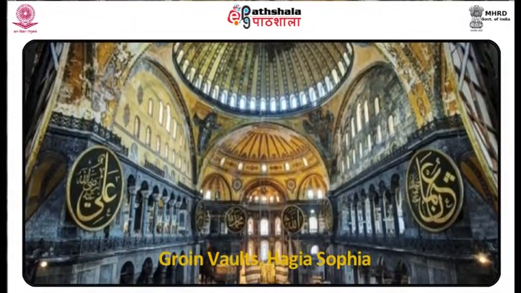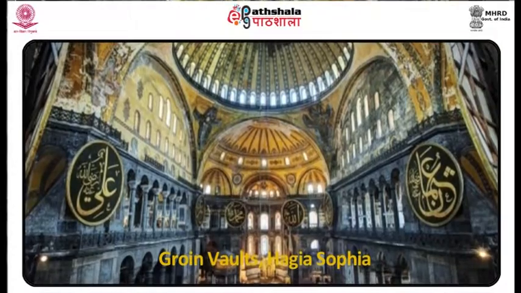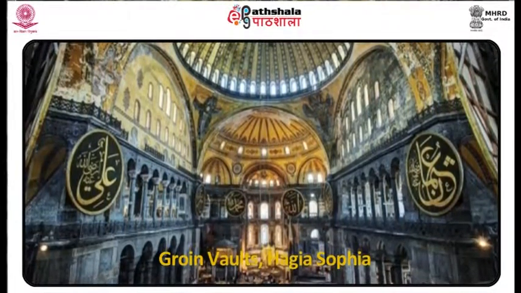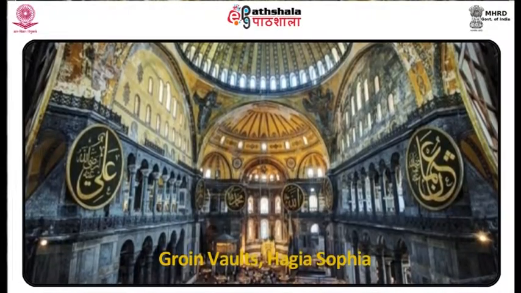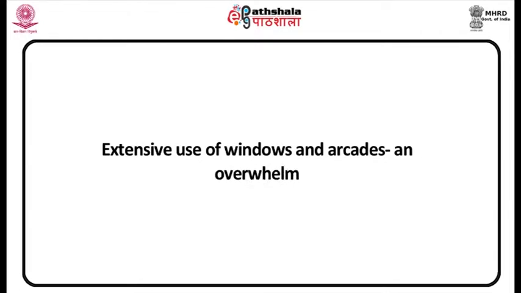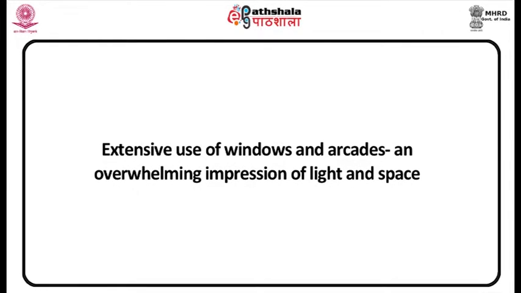Note the impressive effect created by the open space of the nave, the high central dome, and the smaller half domes. On the north and south sides of the nave, there are walls below the arches. The extensive use of windows and arcades in Hagia Sophia creates an overwhelming impression of light and space.